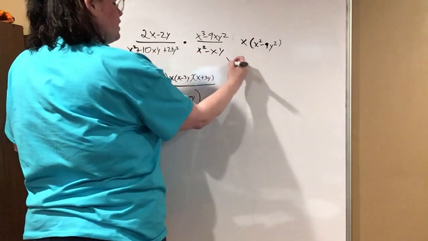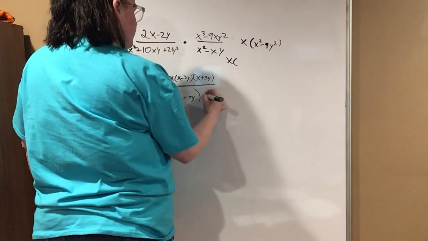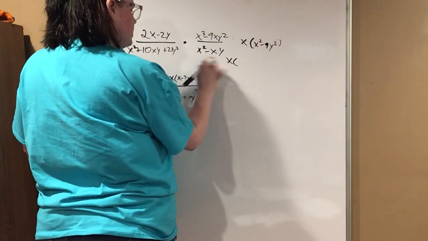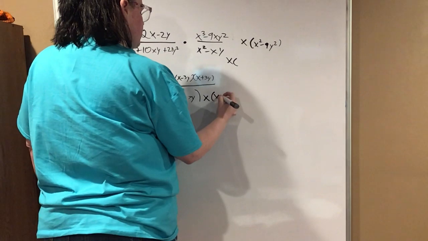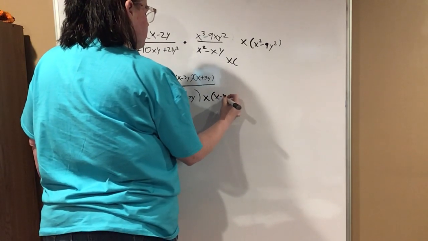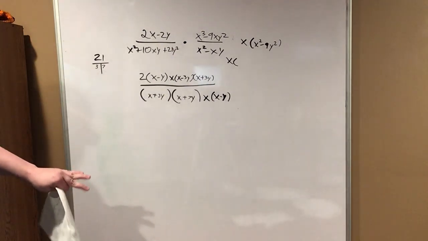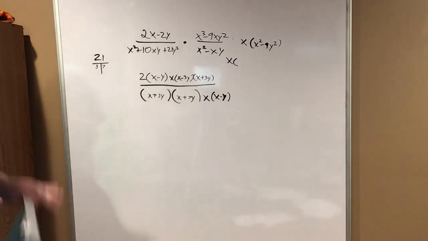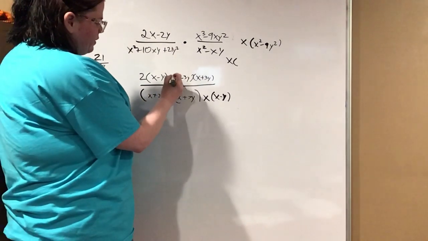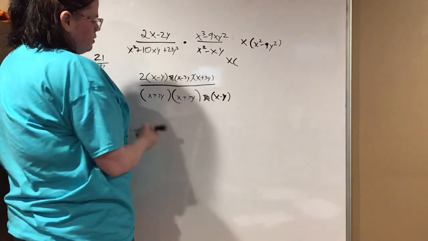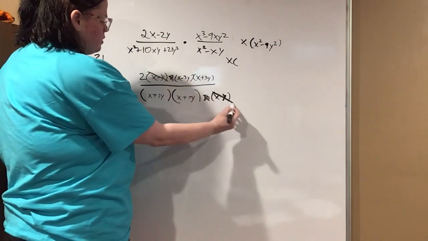I'm going to take an x out. So I know I have an x. And then once I take the x out, I'm left with x minus y. So now everything's factored. Now let's cross out what we can. Well, I have an x right here. I have an x minus y.